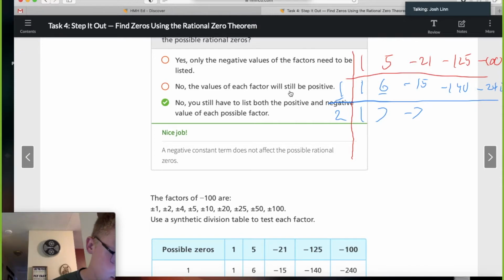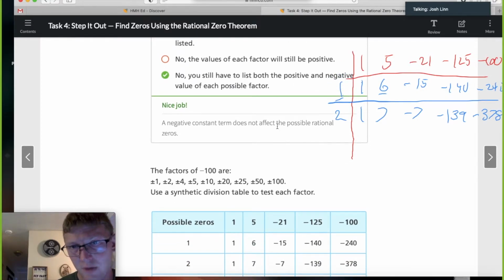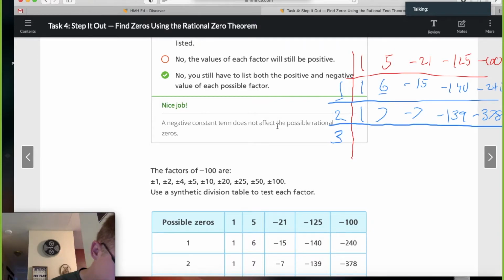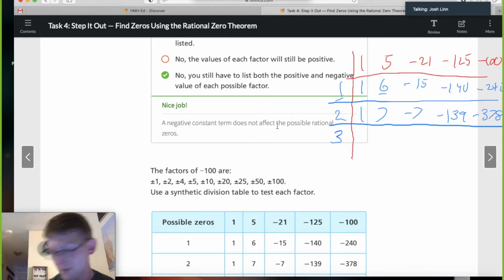Then you add that to negative 125, negative 139. Negative 139 times 2, this is where having a calculator is handy. Negative 278, add that to negative 100, negative 378. Let's check my answers. Yep. So we keep going. We hope at some point we hit one, and then our lives get easier. But until we do, we're going to keep chugging along.